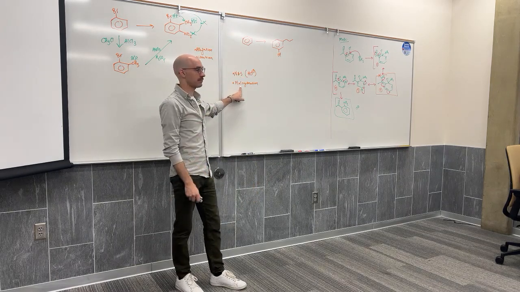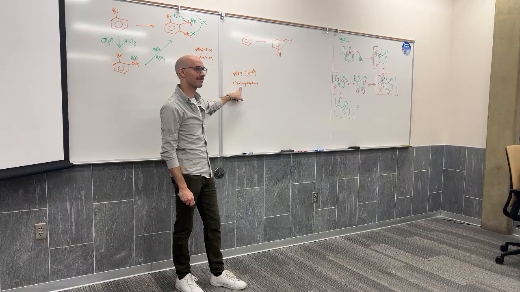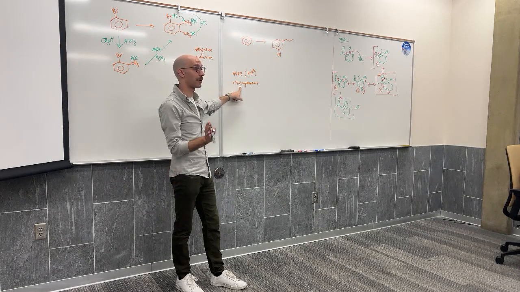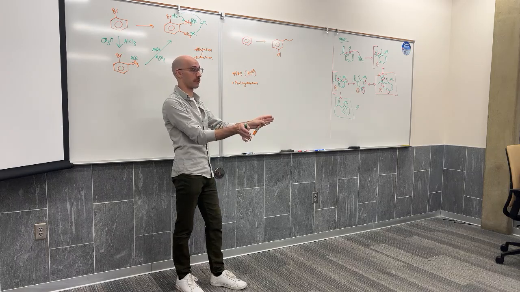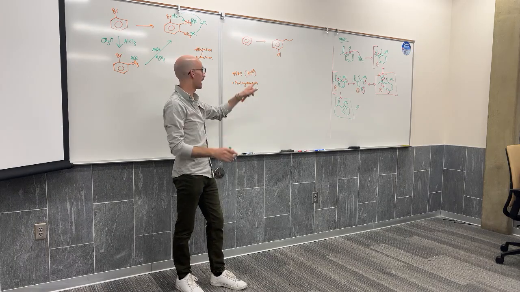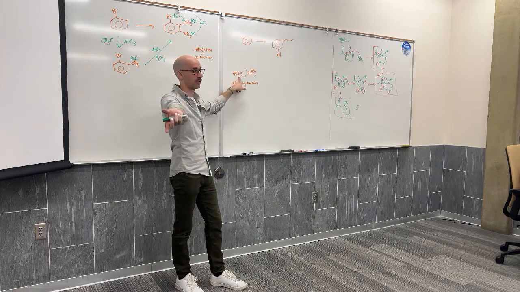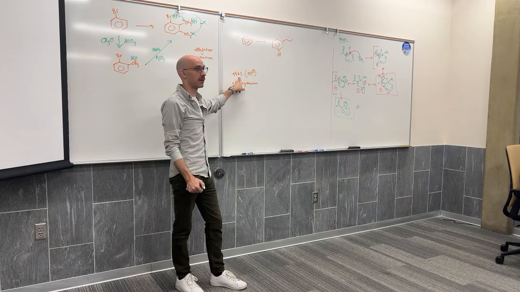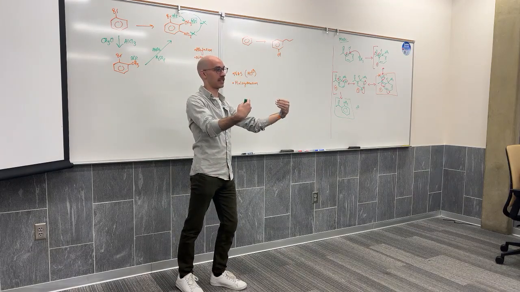What if it's an NAS and there's the leaving group right there? In NAS, couldn't that be a deactivator, which would be also meta for NAS? Yes, but how do I get those two groups onto the ring?